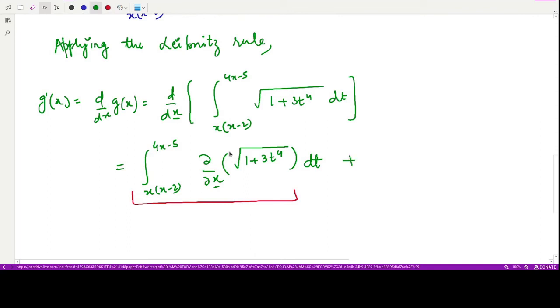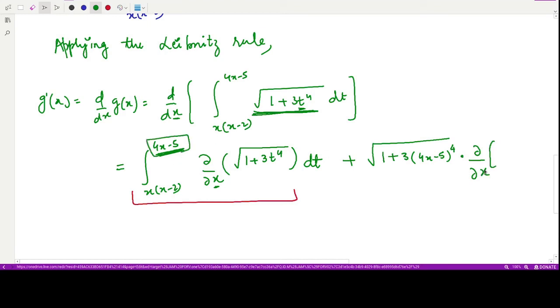We have plus the function, and in place of t we write the upper limit, so it would be square root of 1 plus 3 times 4x minus 5 raised to power 4. Now we have to multiply this with the partial derivative of the upper limit 4x minus 5 with respect to x. We'll solve that later on.